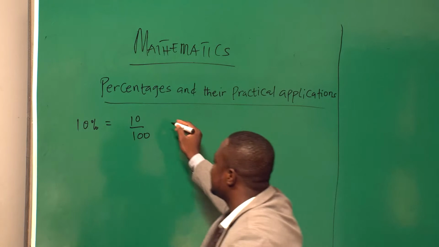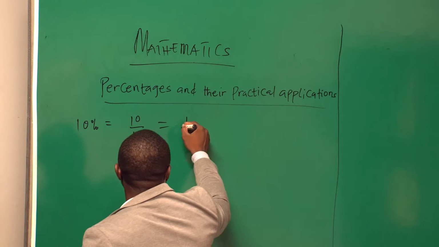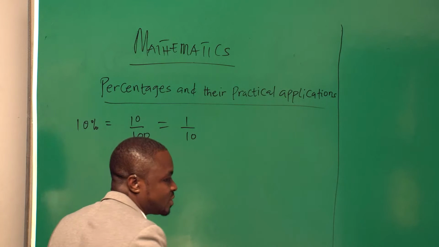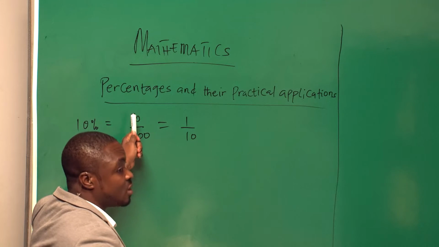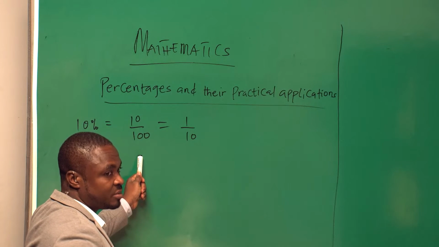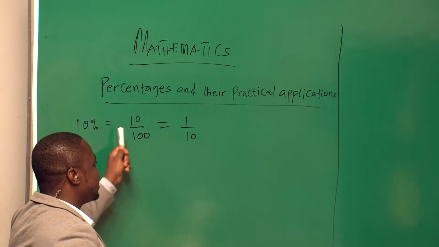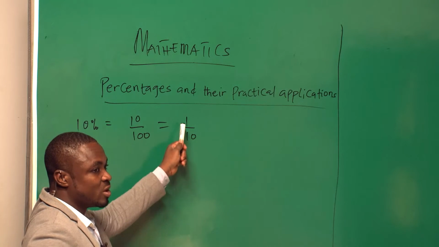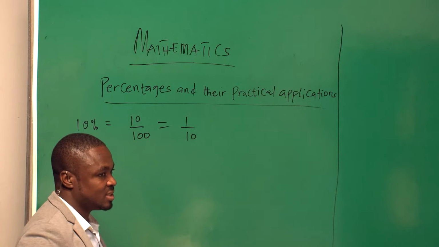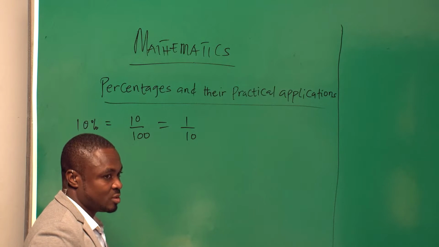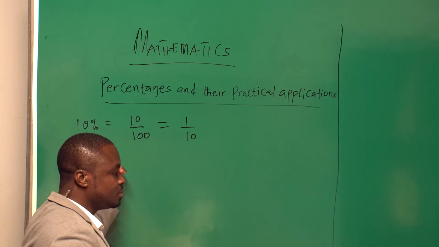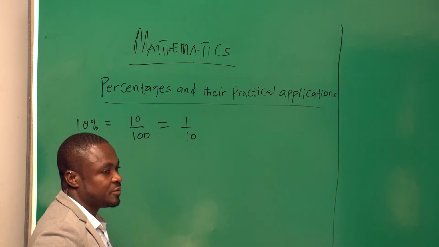So I will write it as 1 over 10, because 10 will go into itself once and into 100 ten times. So you can reduce 10 over 100 to 1 over 10. So 1 over 10 is actually 10%. It's the same. Okay, so I've changed it from a percentage to a fraction.